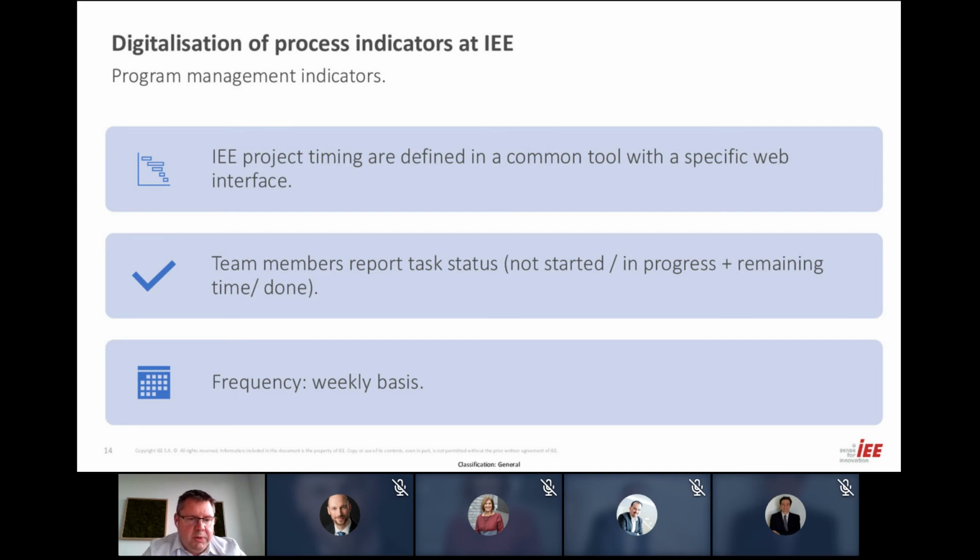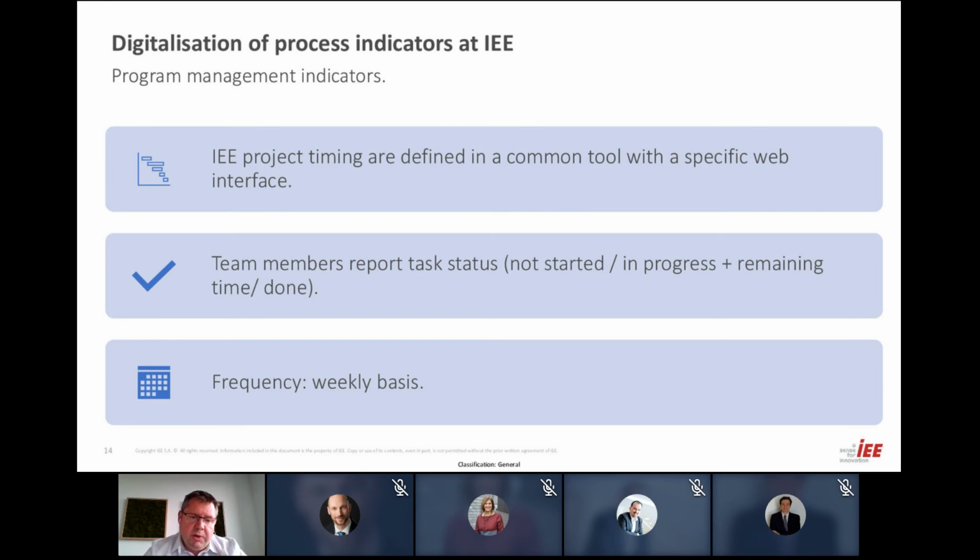So the first example I have is in program management. The IEE project timings are implemented in one common tool called Links. This tool offers the colleagues in the development department the possibility to see the tasks for the different projects on a web service.